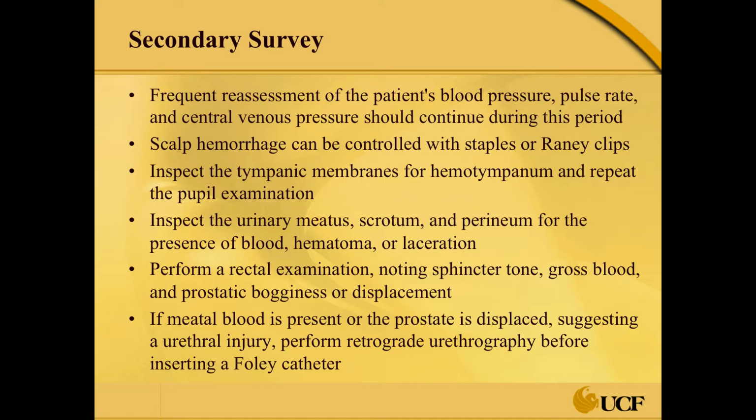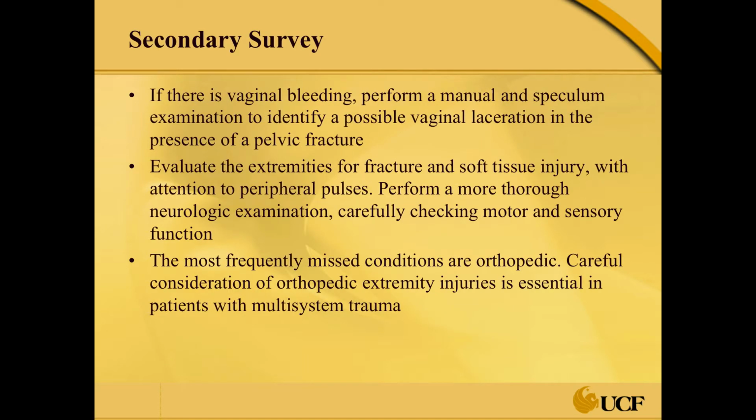Can you imagine? You damage the penile tissue and everything else. This is not so much a concern for a female because the urethra for a female is anatomically different, but still. For females, though, if there's a vaginal bleed, you want to perform a manual and speculum exam and see if there's a possible vaginal laceration or maybe even a pelvic fracture.